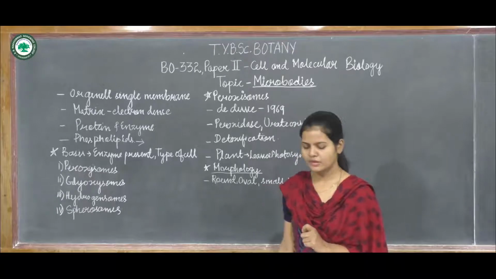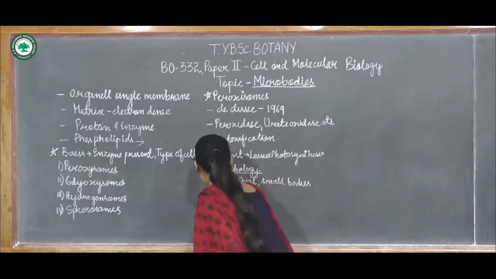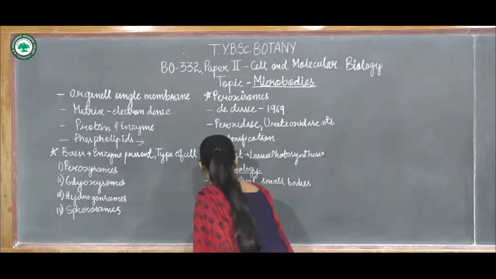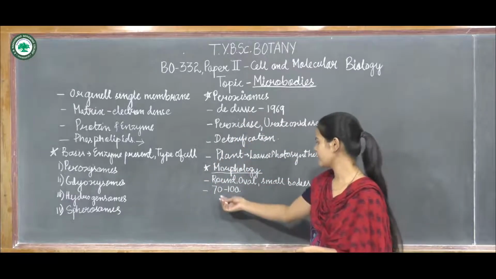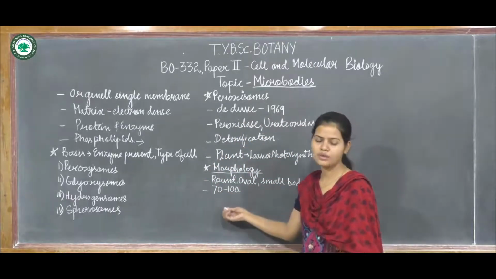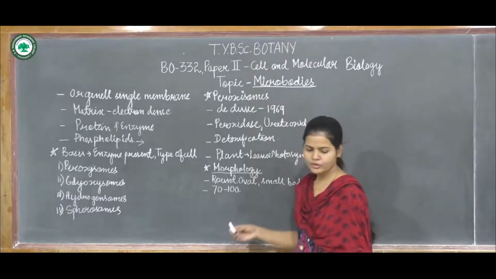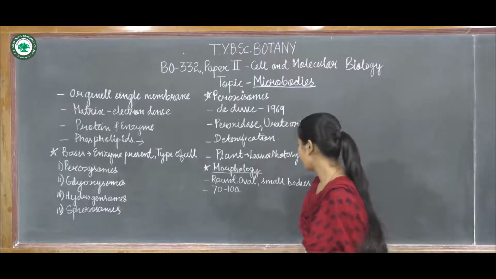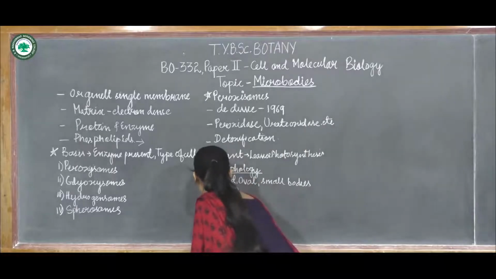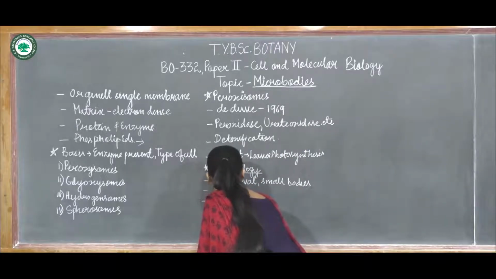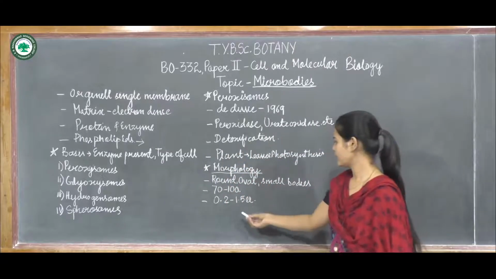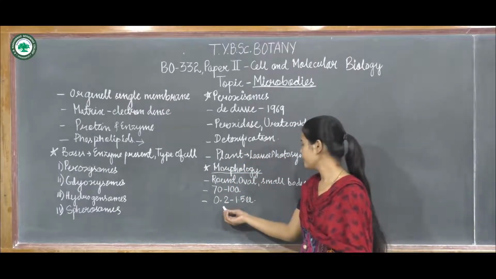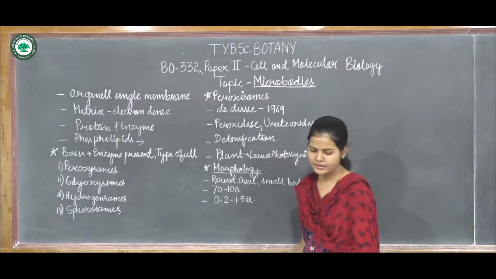The number varies from 70 to 100 per cell. So in a cell there might be 70 to 100 peroxisomes. Now the size might be from 0.2 to 1 micron.